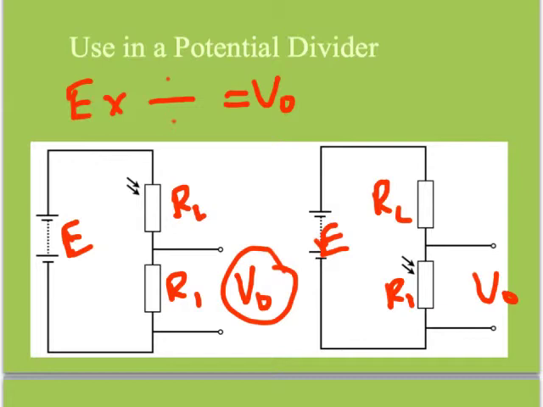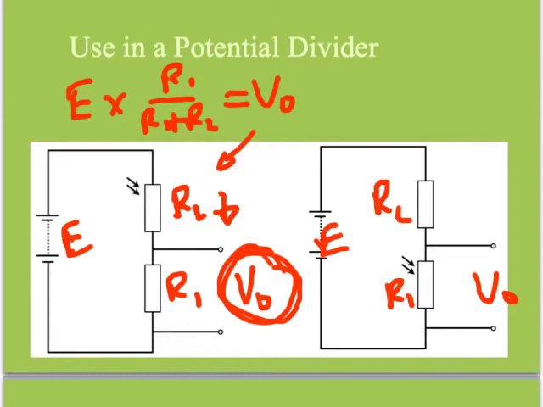So your ratio of resistors will tell you how big your output voltage is. And if the resistance of that one goes down, then your output voltage will increase, because in this equation, R1 over R1 plus RL, if RL goes down, then the bottom line gets smaller and that means the ratio gets larger.